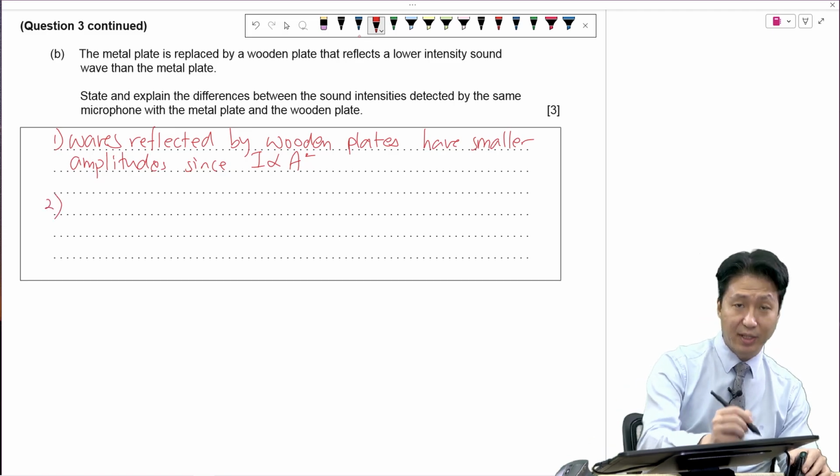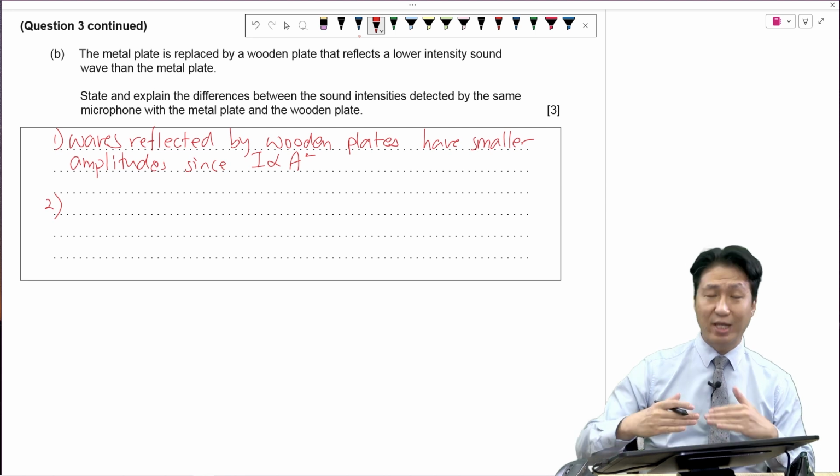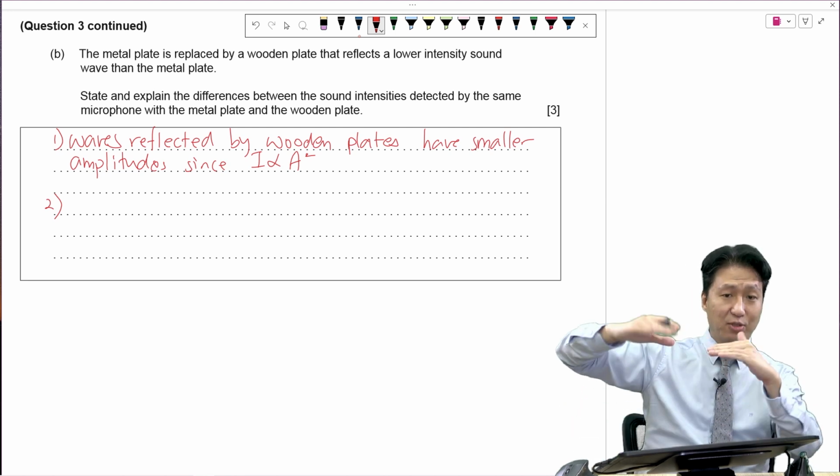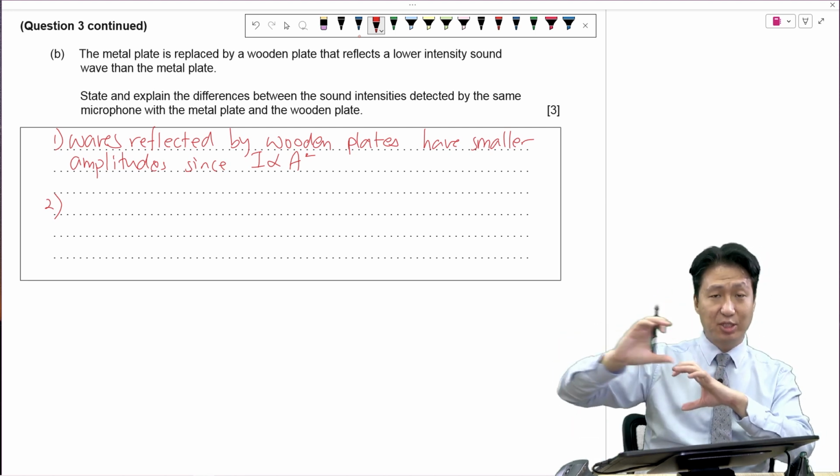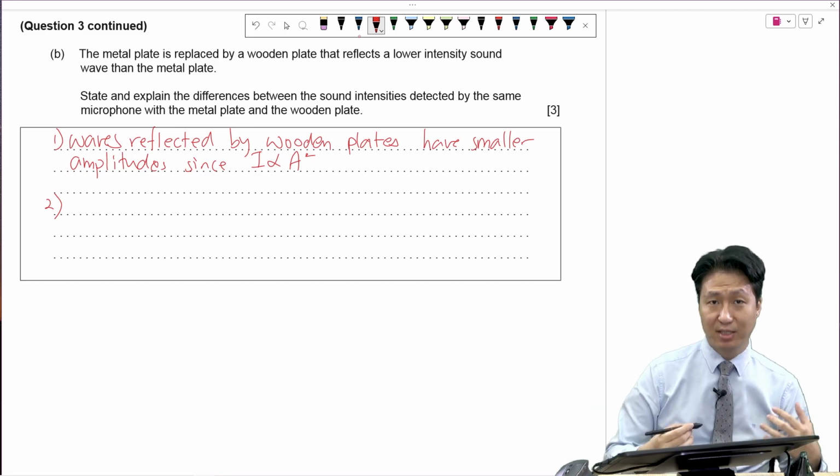So what happens then? The maxima will make the amplitudes add up, but if you add something smaller, you have a smaller maxima, right?